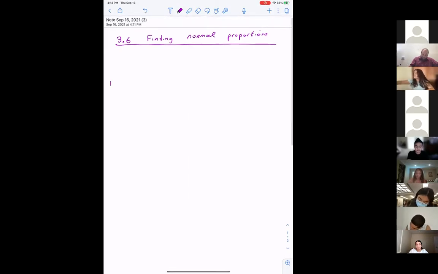There is the raw data. These are your actual values that you get for your experiment or for whatever the situation is. There are your z-scores. And there are your probabilities.